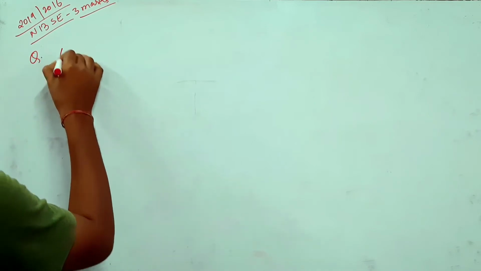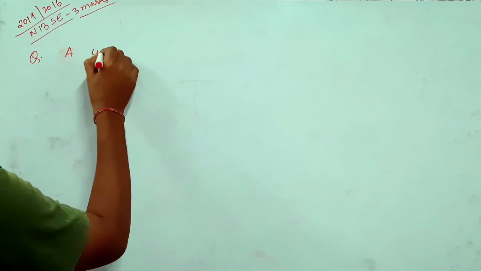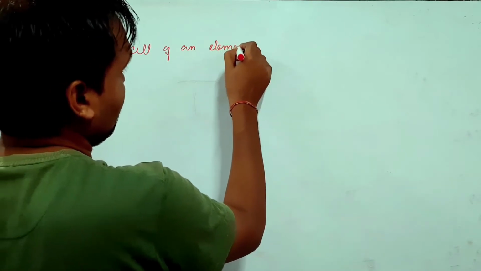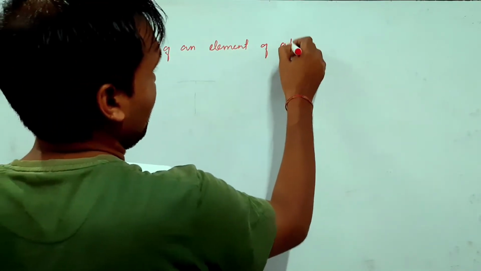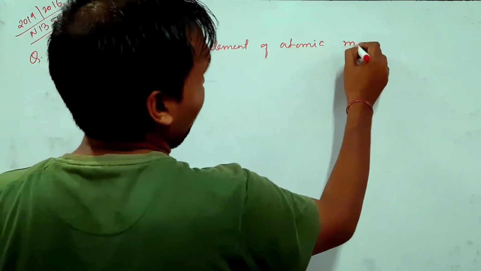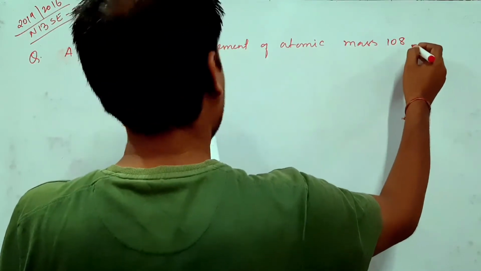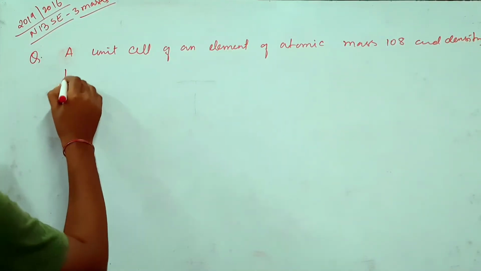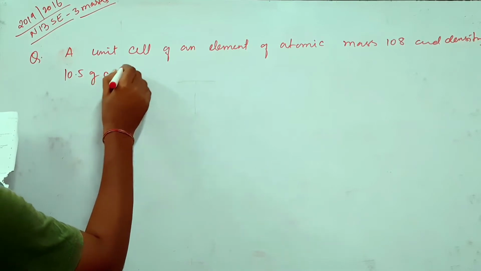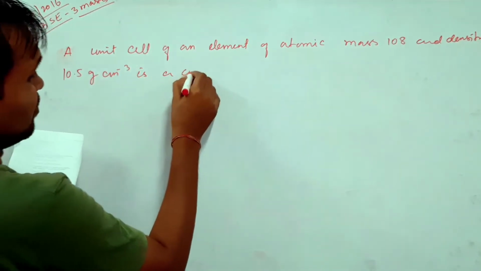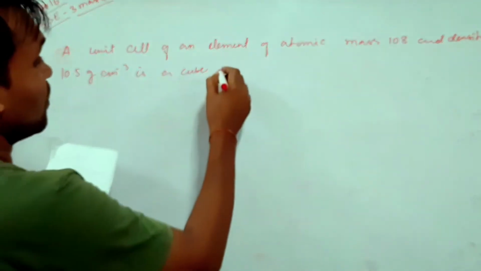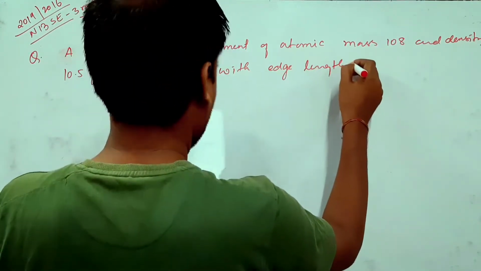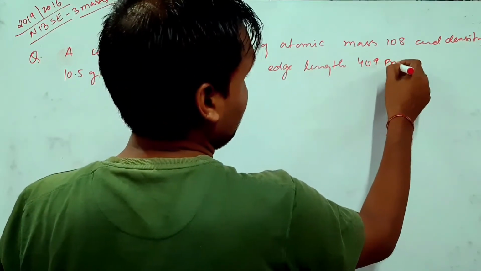A unit cell of an element of atomic mass 108 and density 10.5 gram per centimeter cube is a cube with edge length 409 picometer.